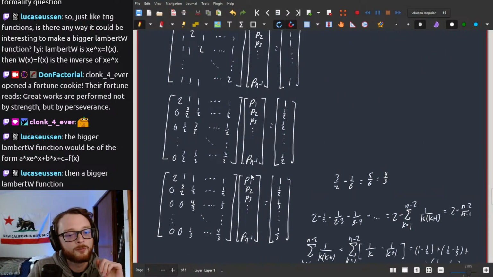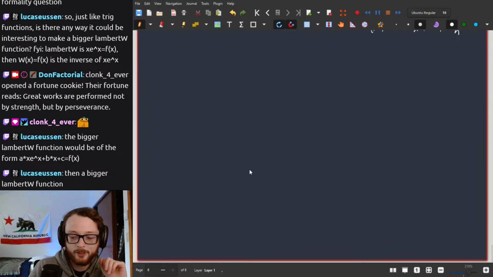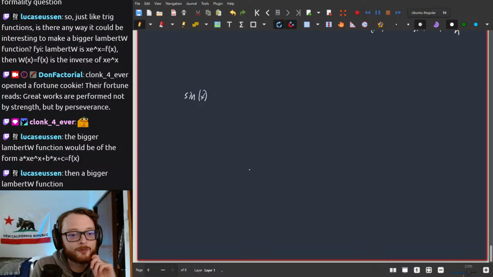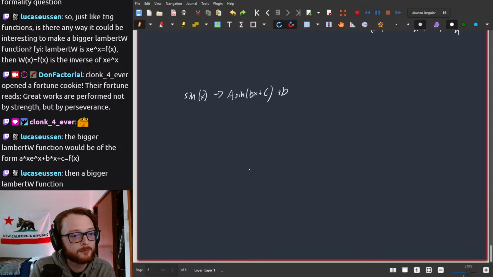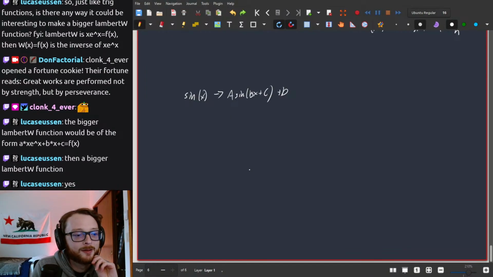Okay, so when you're talking about trig functions, you mean like going from sine of x to a sine of bx plus c, plus d, this sort of thing? Yes? Okay.